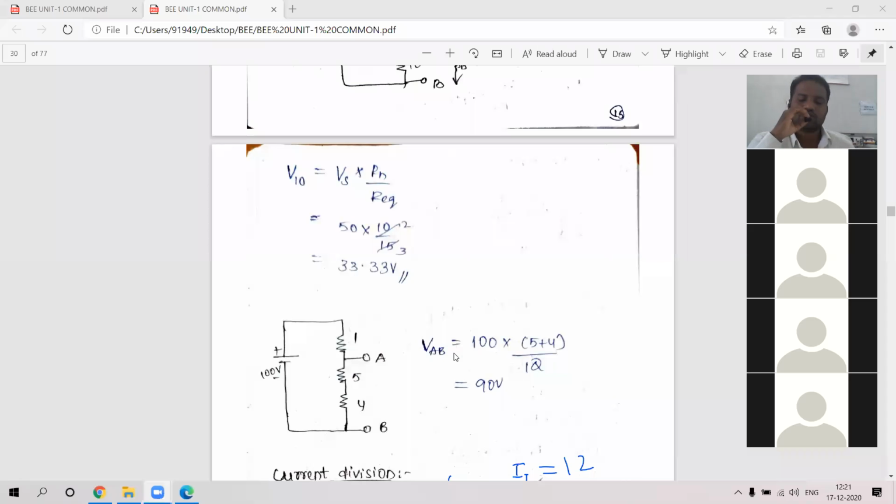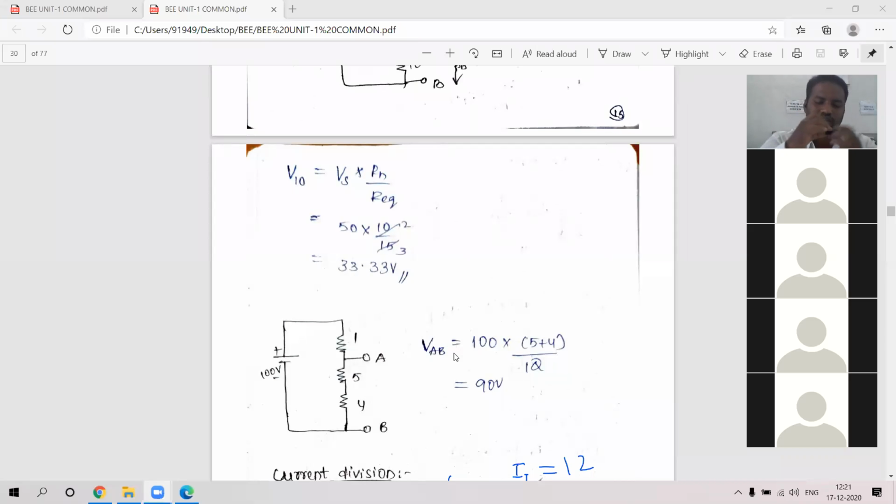5 and 4, how are they connected? Series only, yes or no? Series. Series means you have to add the values, that is 5 plus 4. The particular resistance is 5 plus 4, divided by the total resistance. What is the total resistance? 10.